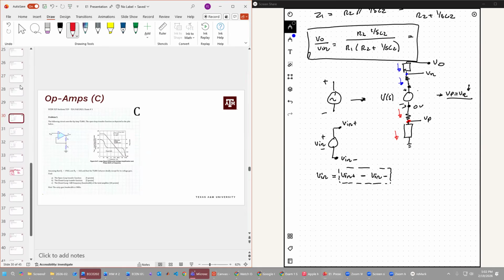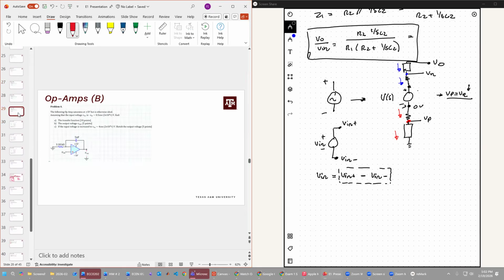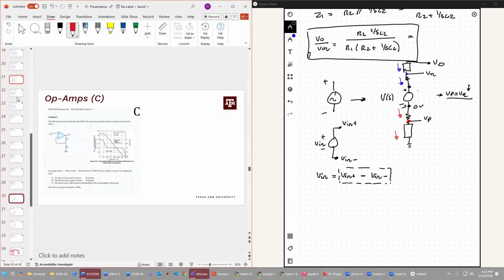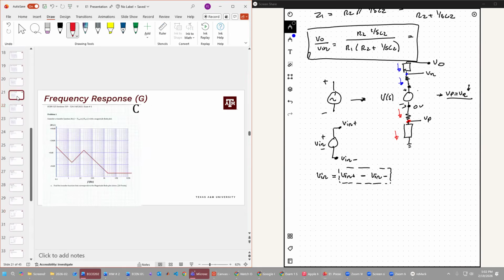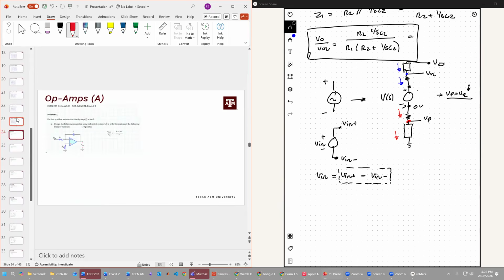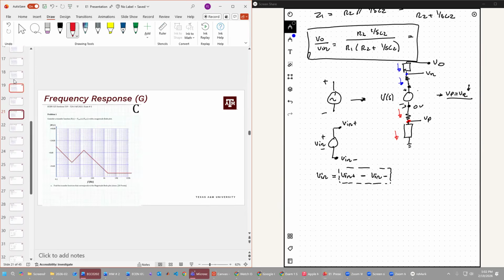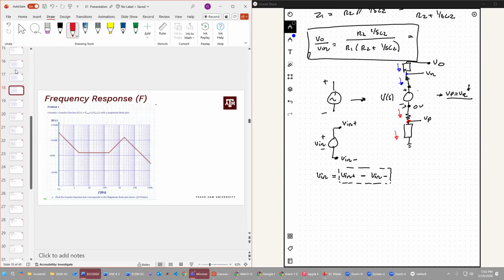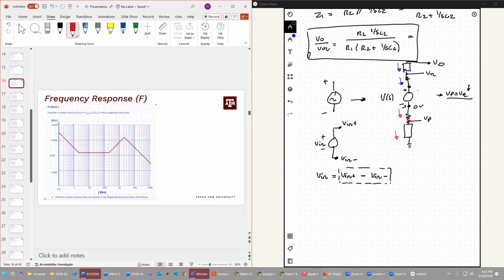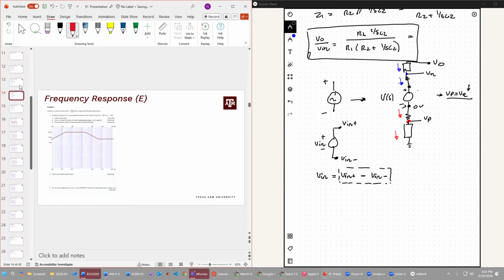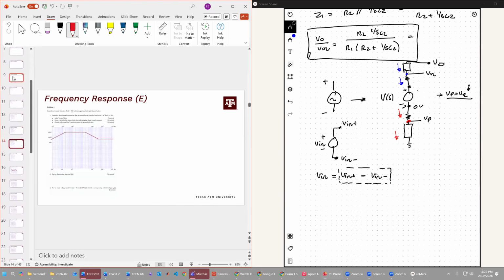I don't think it's super long, but do expect a frequency response question. I hope the frequency response stuff is straightforward. Most everyone focused on the op amps. I know there's one person who asked about frequency response, but hopefully drawing the graphs and stuff is fine. There's a high chance you get a graphing problem on the exam. I think that's been pretty consistent in past years. So just keep that in mind.